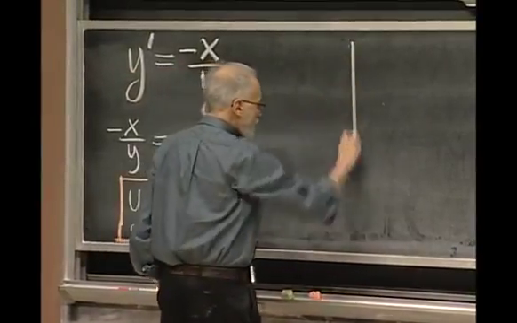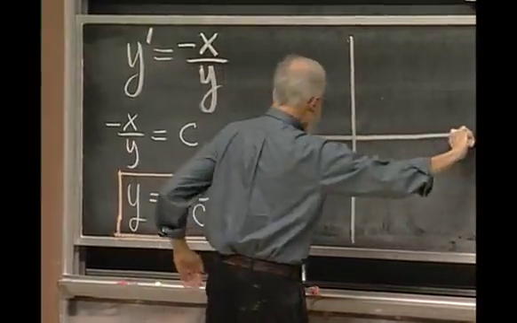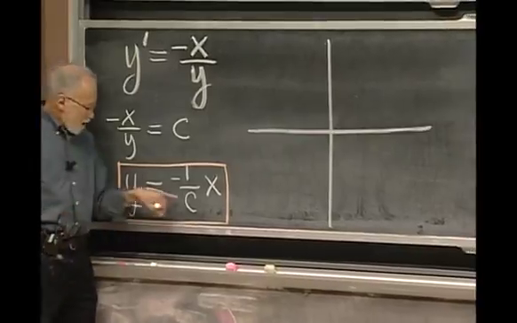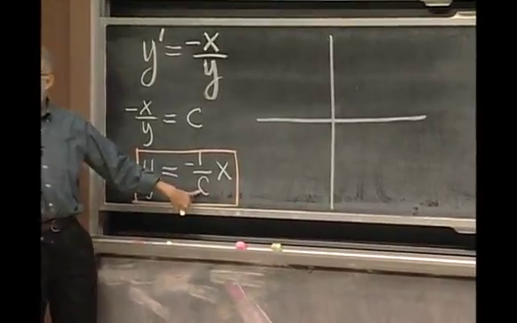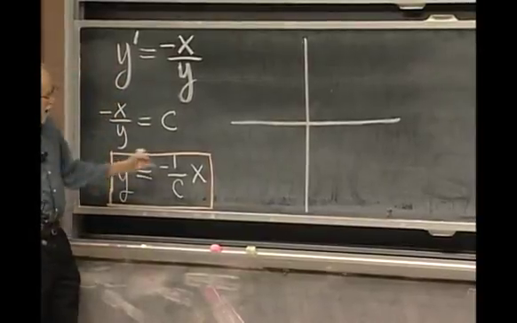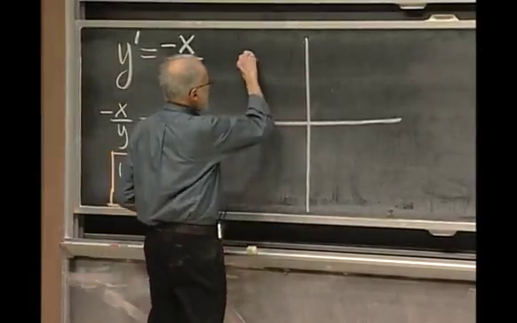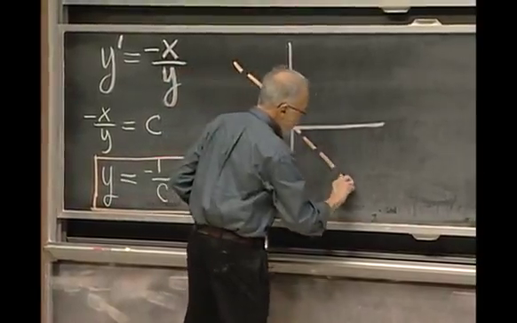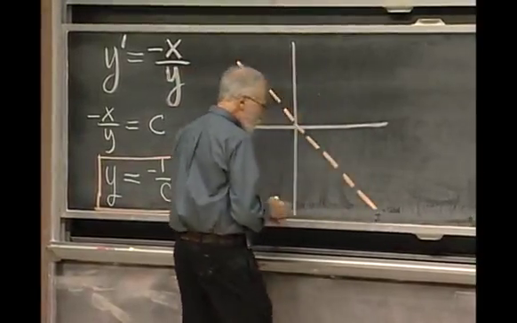So here's our plane. The isoclines are going to be lines through the origin. And now let's put them in. Suppose, for example, c is equal to 1. Well, if c is equal to 1, then it's the line y equals minus x. So this is the isocline. I'll put down here c equals minus 1.